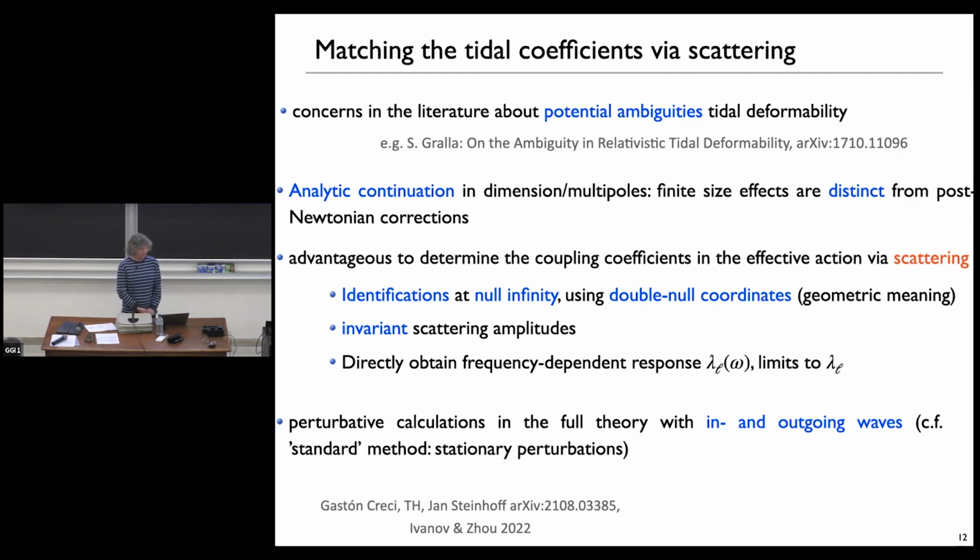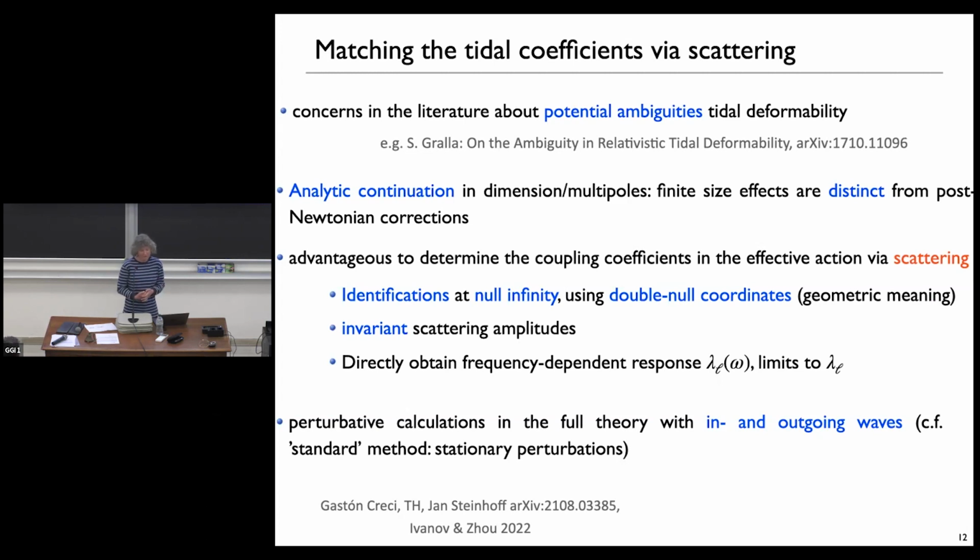So one useful theoretical tool is to use analytic continuation, because it turns out in 4 space-time dimensions and for integer multiple moments, tidal effects can become degenerate with post-Newtonian corrections. But as soon as you go to higher dimensions or do this analytic continuation in either dimensions or multipole, you see that they are clearly separate.